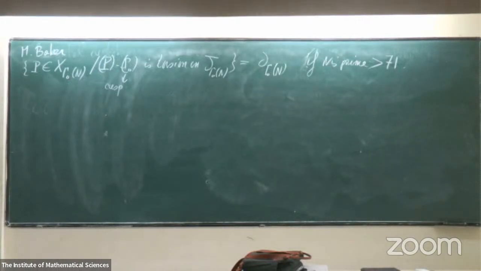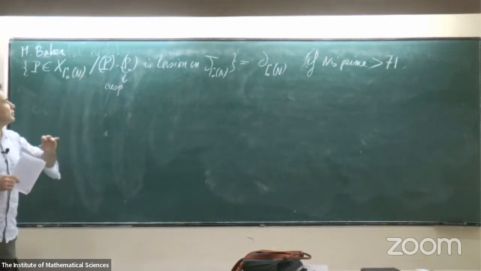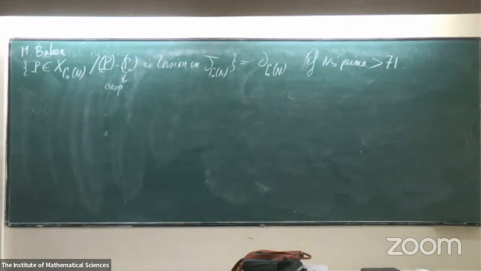So you can see that the cusps are really exceptional. If you take a divisor of this type, it cannot be torsion if P is not a cusp.